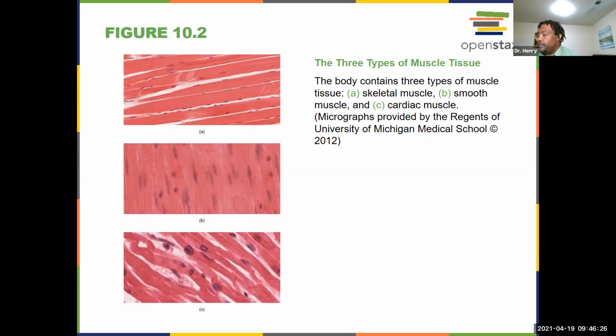For instance, in the case of skeletal muscles, we have a very clear, distinct organization of the actin and myosin, and so in terms of that contraction, it's going to play a huge role.